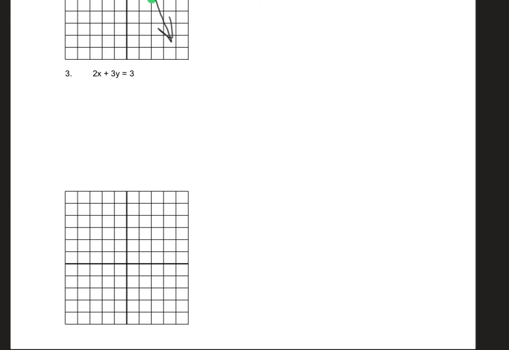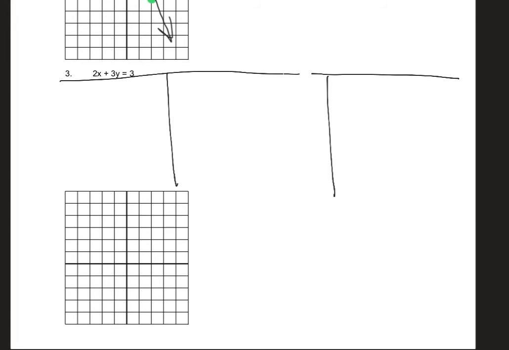All right, looking at this one. We have our x-intercept, we have our y-intercept, and we have our other point. So we have y equals 0, we have x equals 0, and we have x equals some number. We'll choose in a minute.